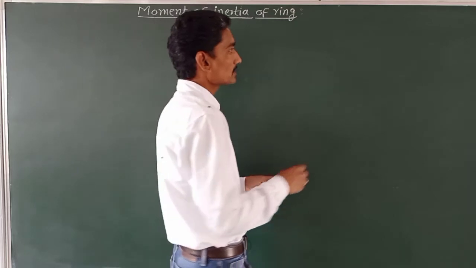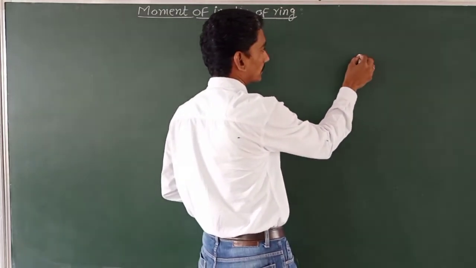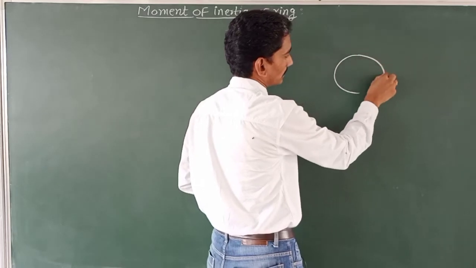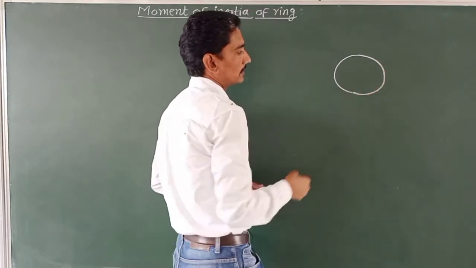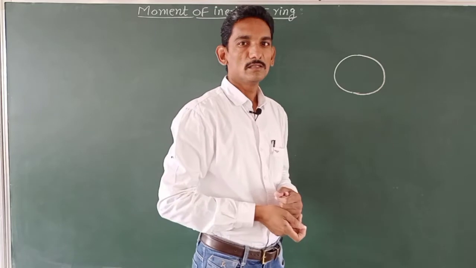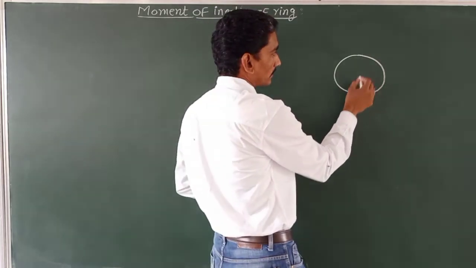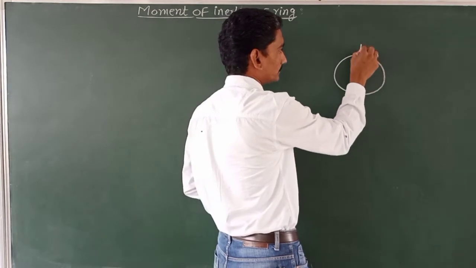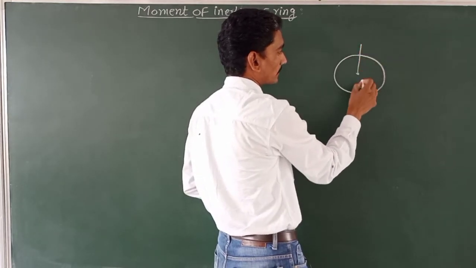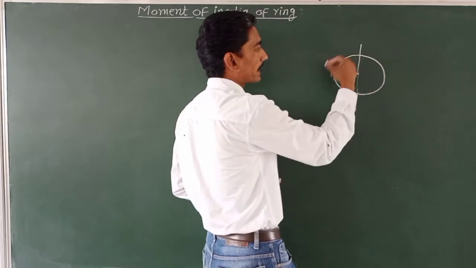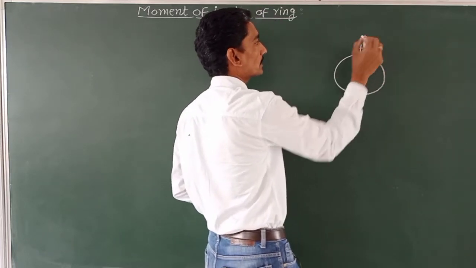For that purpose we have to consider a ring. Suppose this is the ring, a thin, uniform and circular ring. This is the axis of rotation about which the ring can perform rotational motion.